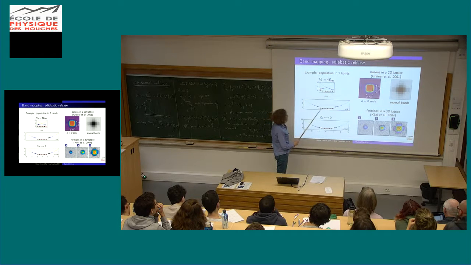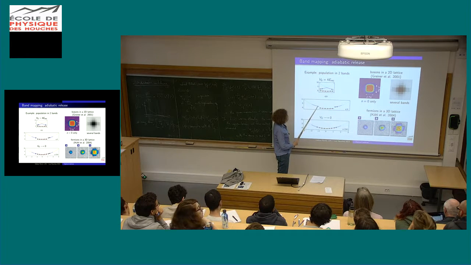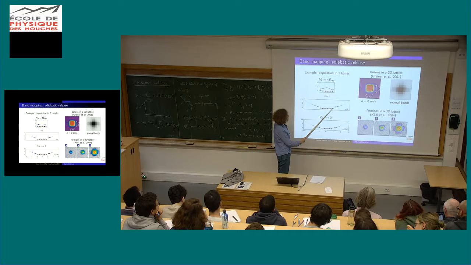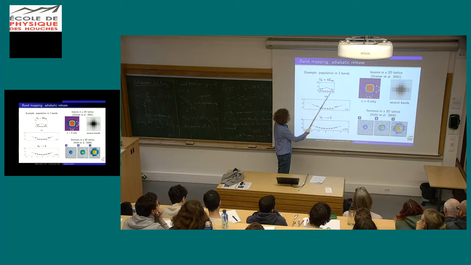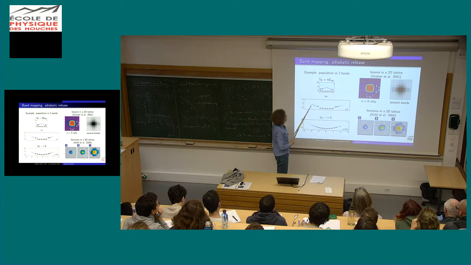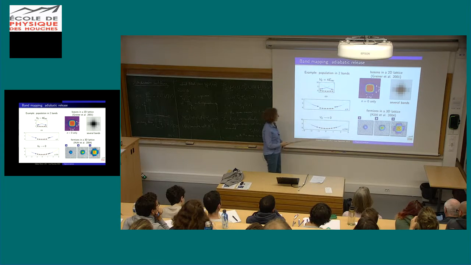So here the fundamental band is still represented in the first Brillouin zone, but the first excited band is represented by shifting this left part by plus 2K and this right part by minus 2K. And then the second band is represented such that this left band is shifted by minus 2K and this one by plus 2K.